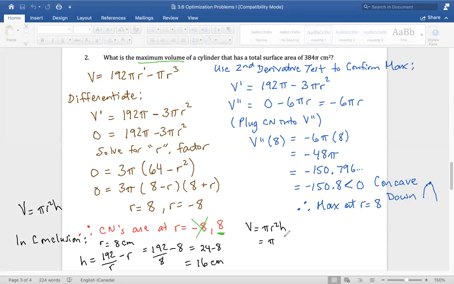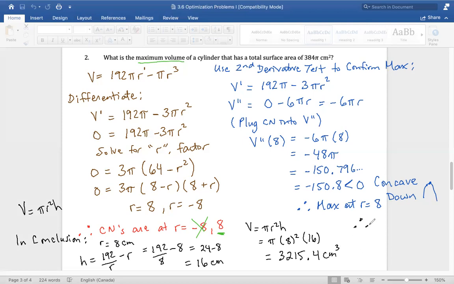Pi, or 3.14, times 8 squared times 16. So again, you do that. So 64 times 16 times pi, or times 3.14. And I have a value of 3,215.4, and make sure to put your units, centimeters cubed.